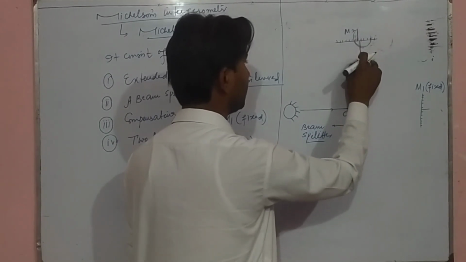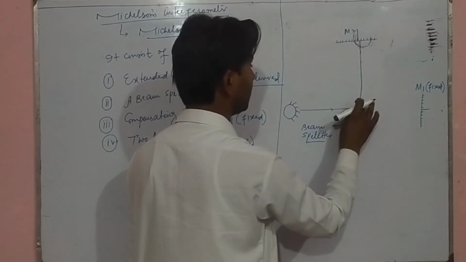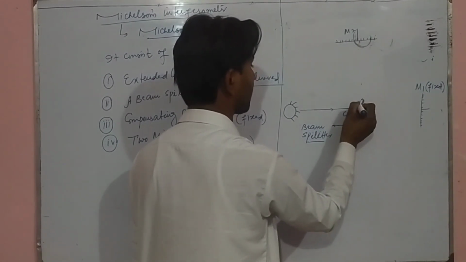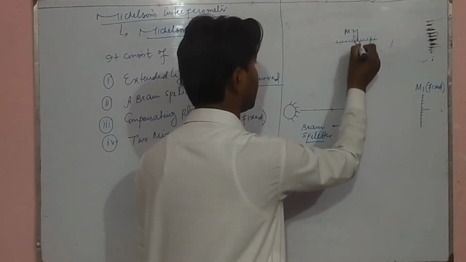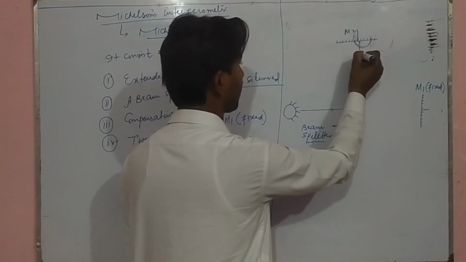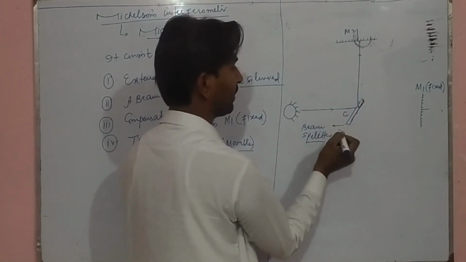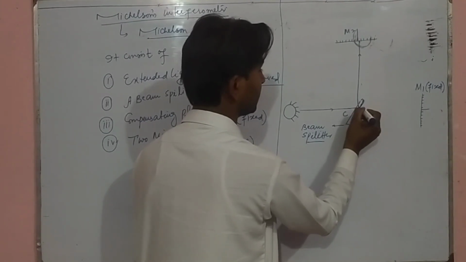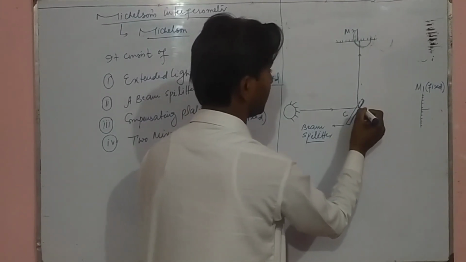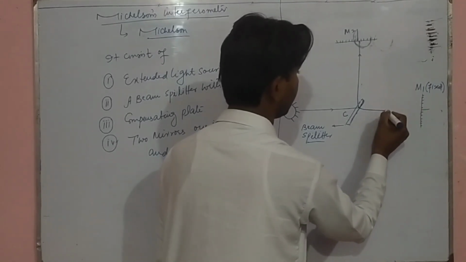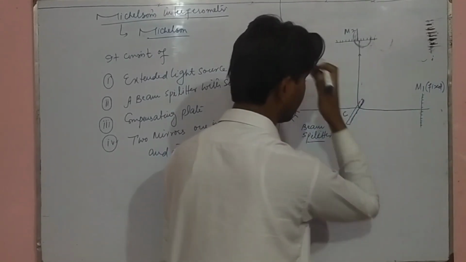This is the reflected ray, and the other ray is transmitted to the M1 mirror, and it will strike M1.